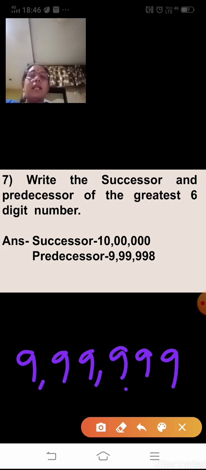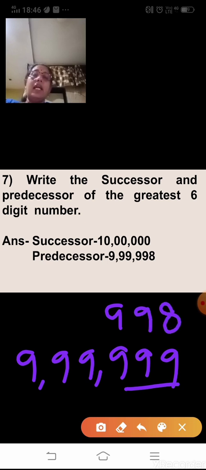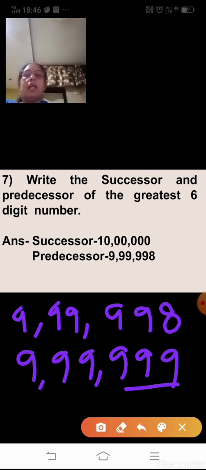So the before number is 9,99,998, that is your predecessor, and after this, when you add 1 to this number, you will get the successor, the after number, which will be 10 lakh, that is 10,00,000.